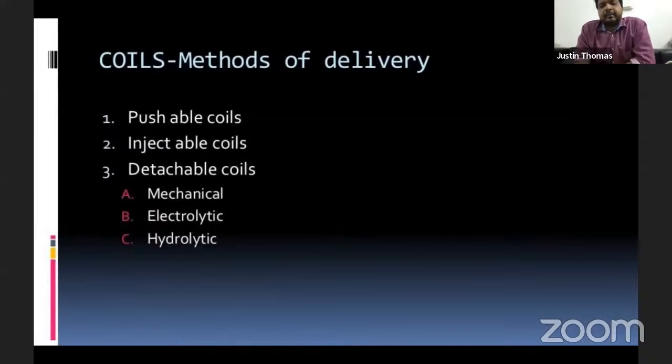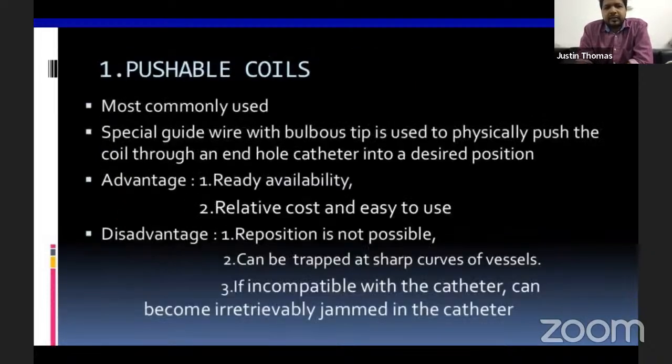Based on the methods of delivery, coils can be pushable coils, injectable coils, and detachable coils. Pushable coils are used in peripheral and cerebral embolization. This is a special guide wire with a bulbous tip, which is used to push the coil through an end hole catheter to a desired position.